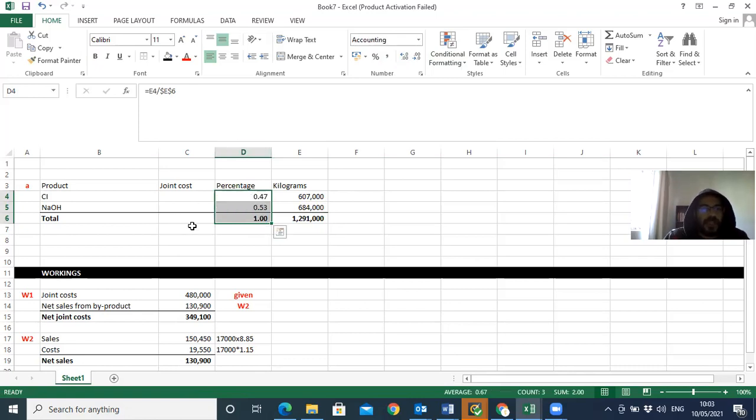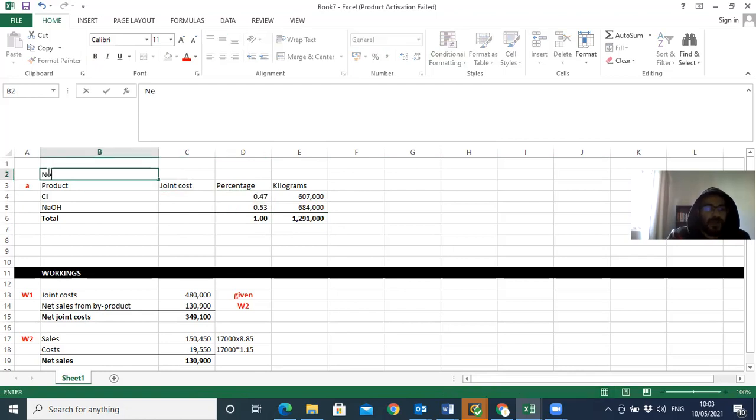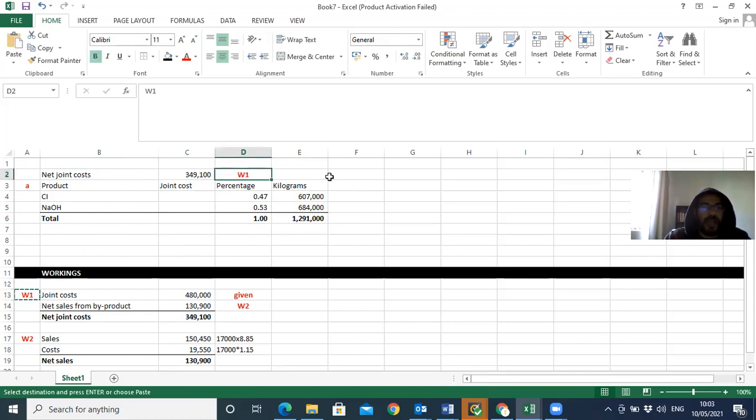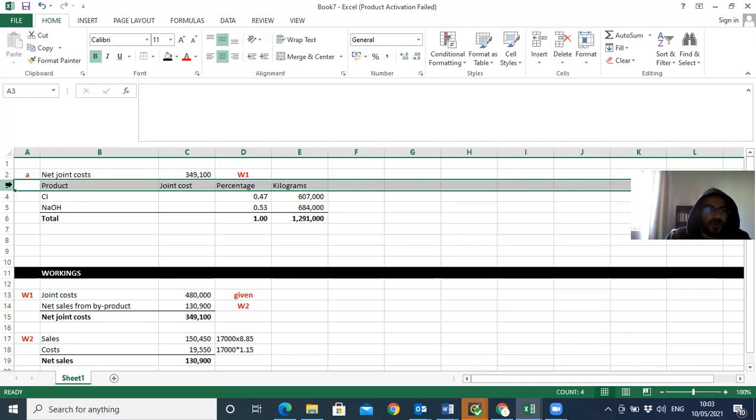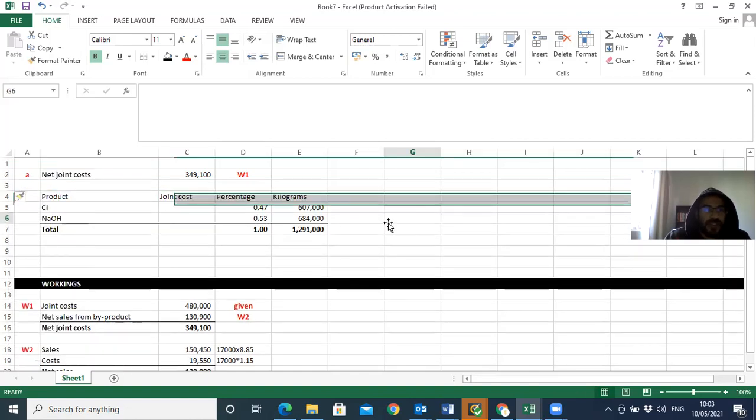So now we can allocate the joint costs. Remember, net joint cost is equal to 341, and I can tell them I got it from working 1. We're going to allocate the net joint costs to the joint products.